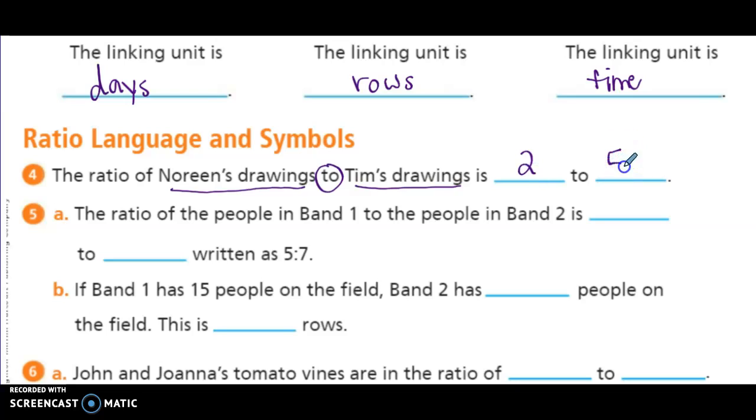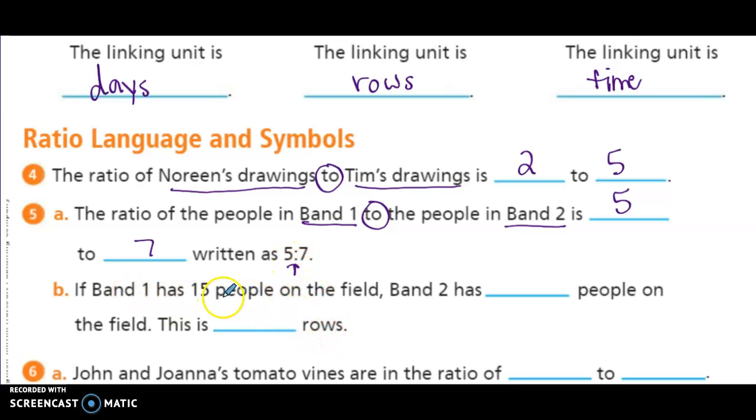You could have put a multiple of it, but we want the basic ratio, where the greatest common factor is 1. The ratio of people in band 1 to people in band 2 is 5 to 7, and you can write the word "to," but you can also indicate a ratio with a colon.